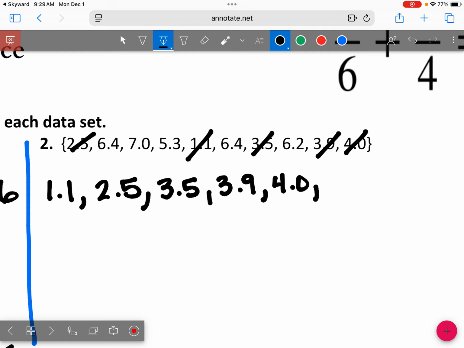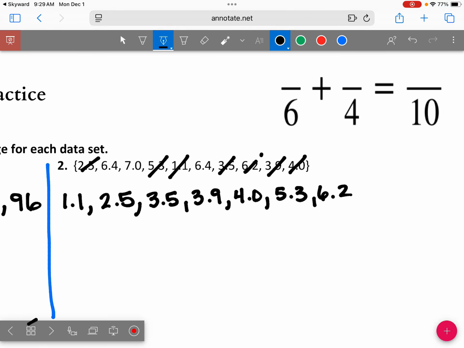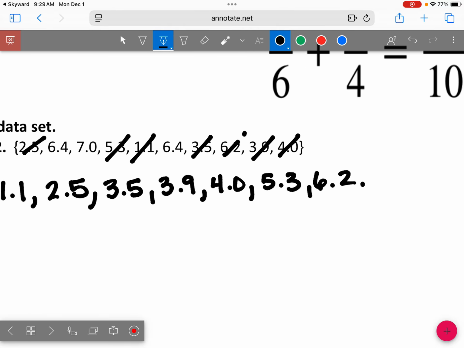Nope. We got any 5s? Yep, we got a 5.3. And then what's the next number? 6.2. And then after 6.2, what we got? We got that number twice, so we got to write it twice. And then lastly would be 7.